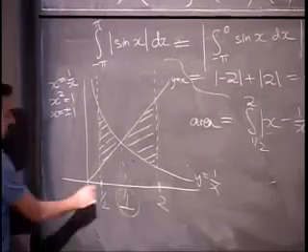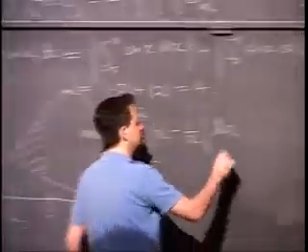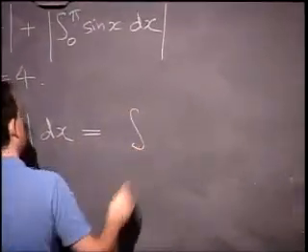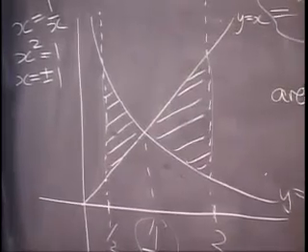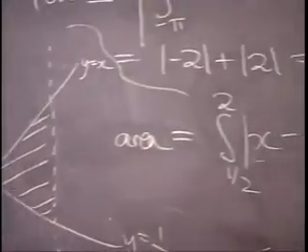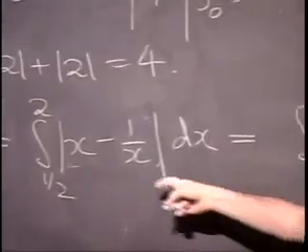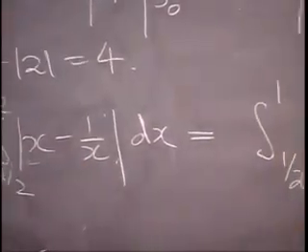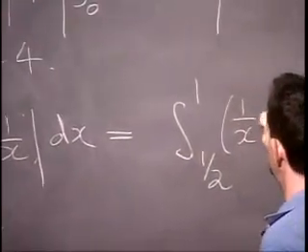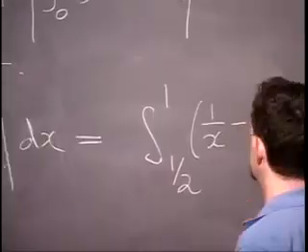So anyway, we're going to write this as, there's two ways of doing it. I mean, you could just do it as the absolute value of each part, but maybe I'll do it in a more elegant way. You see, from 1/2 to 1, 1 over x is bigger than x. So this absolute value is actually the negative of it.